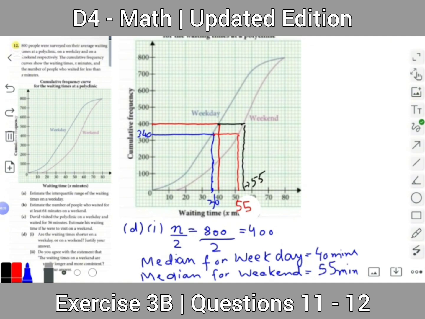So the answer is weekday, because the median waiting time of 40 minutes on a weekday is shorter than the waiting time of 55 minutes on a weekend.